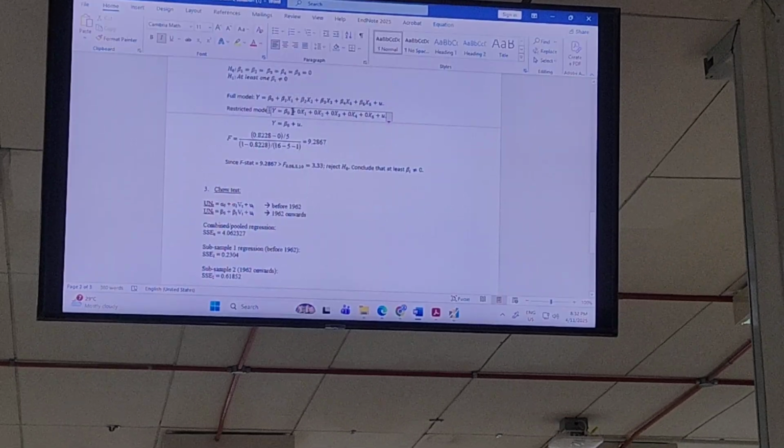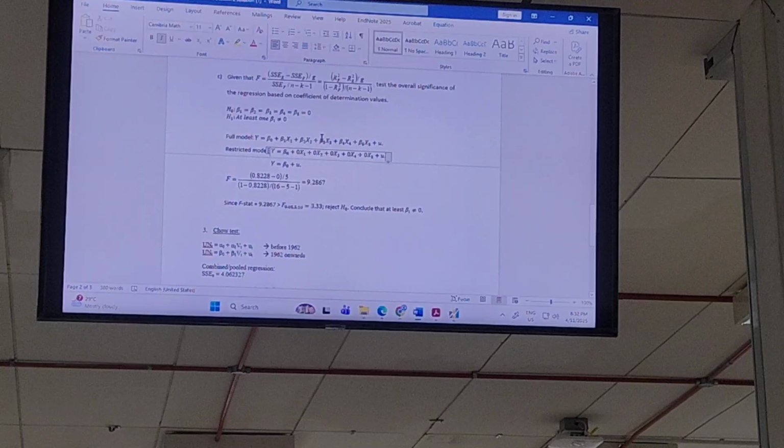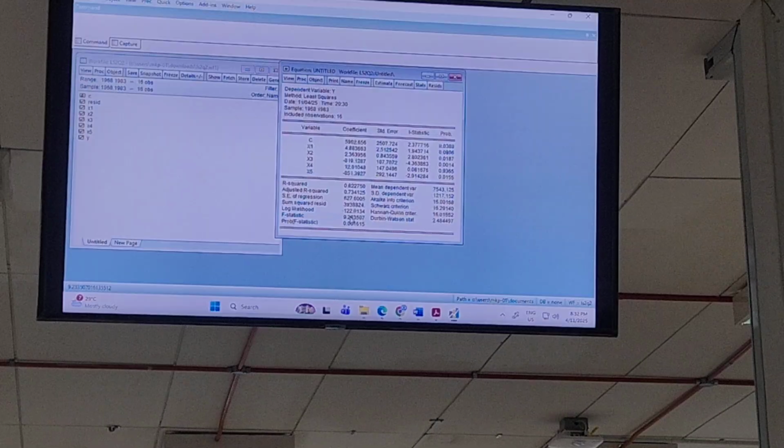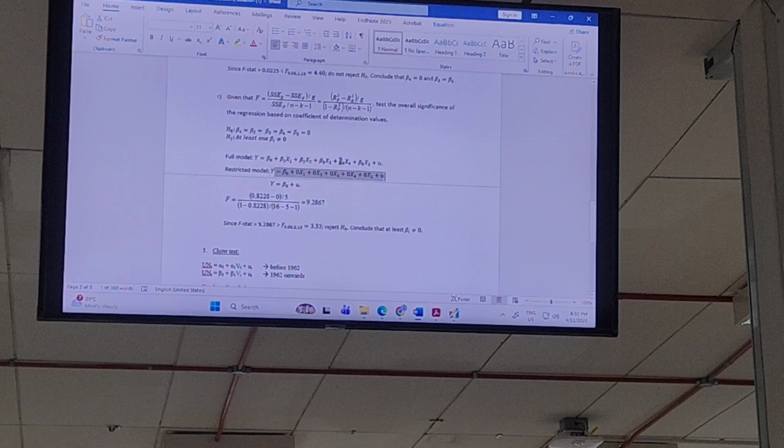Okay, so let's say, for example, the exam question provides output for this one, but you don't have output for this one. You can use an alternative way to calculate the F statistic using this formula with the R square.